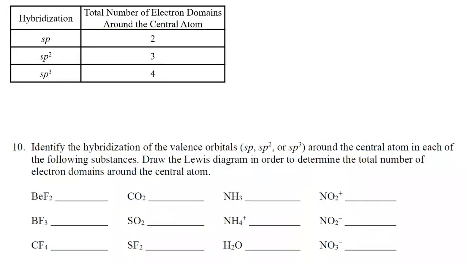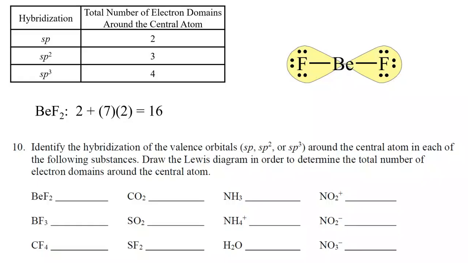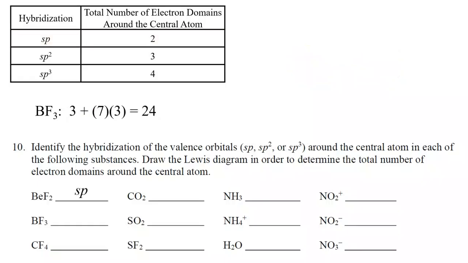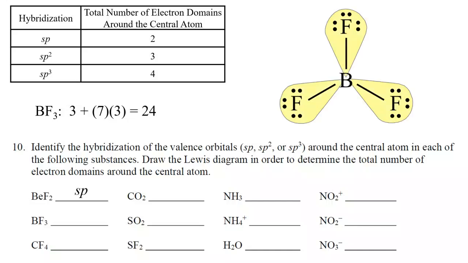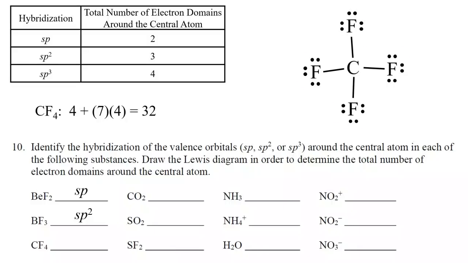Here are some examples from my earlier video for topic 2.7: 2 electron domains, sp; 3 electron domains, sp2; 4 electron domains, sp3.